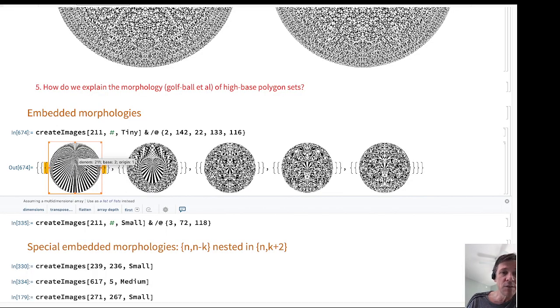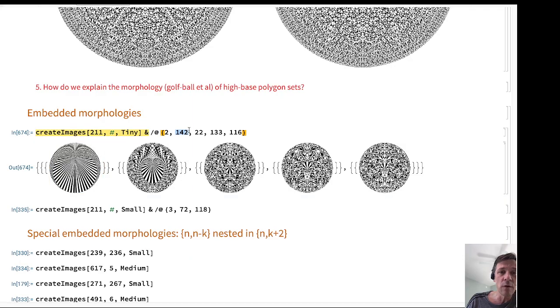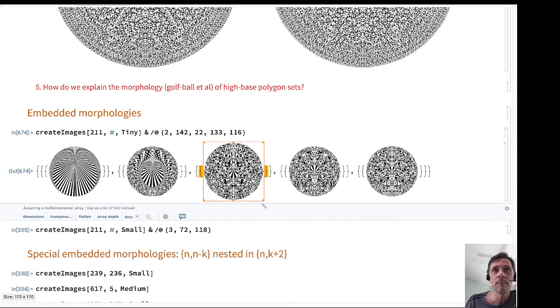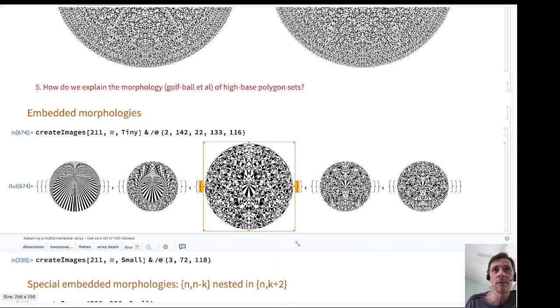And that morphology repeats in base 142, but this is not base 2 anymore. This is this embedded thing. It also shows up in base 22. It's kind of tiny, but you can see it. I might make these a little bigger. Kind of blow it up a little bit for you.